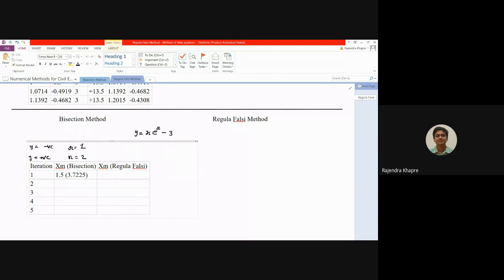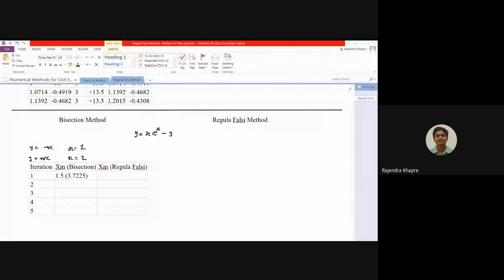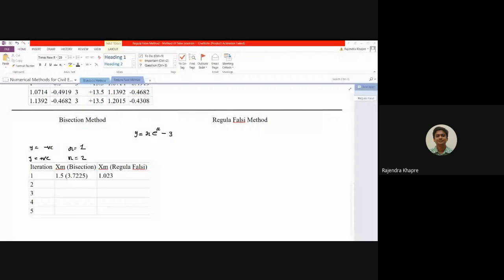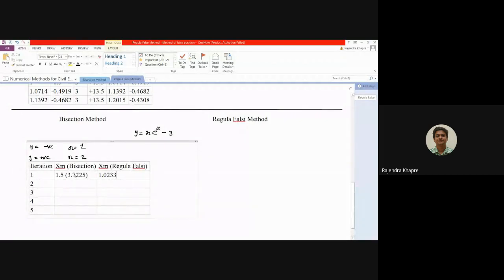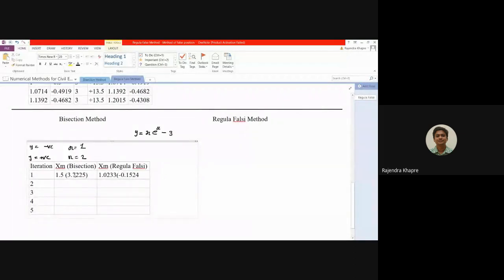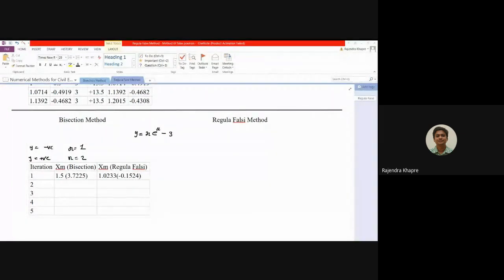The next one, Regula Falsi: 1.023. Are you doing Regula Falsi first? Okay, 1.023. What is the y value of this? Minus 0.1536.